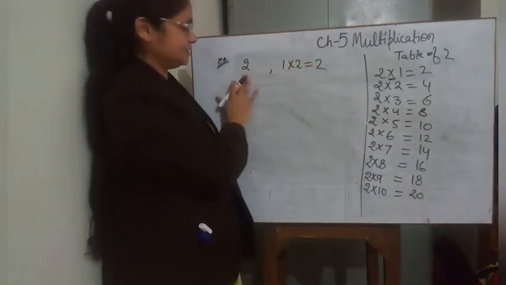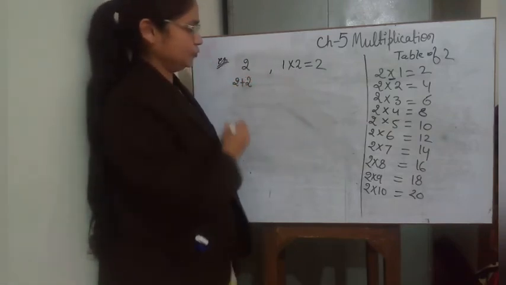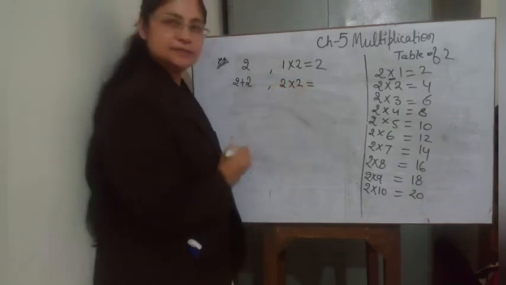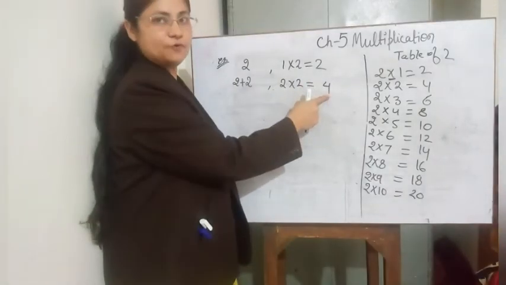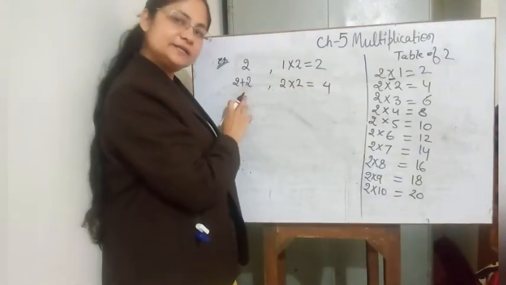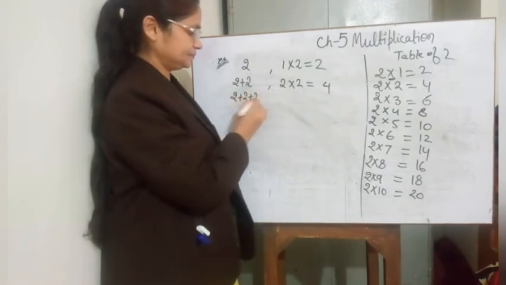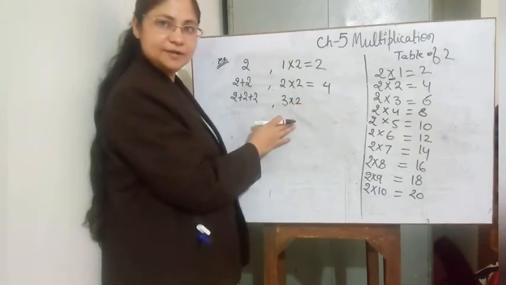If I am adding this 2 two times, 1, 2, so I can write like that. So it will be 2 plus 2, 4. Now if I am adding this 2 three times, so it will be 3 multiplied by 2.